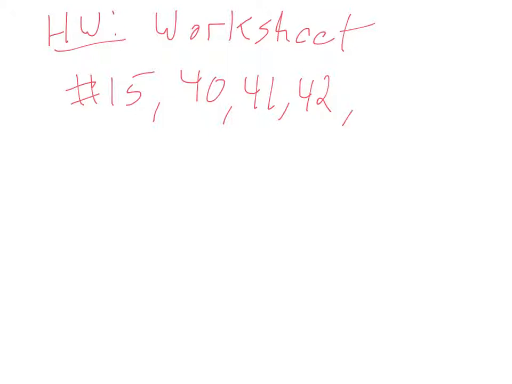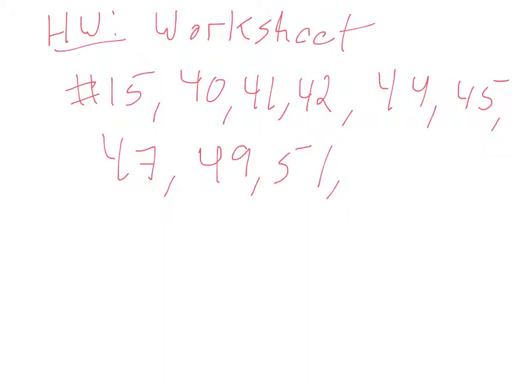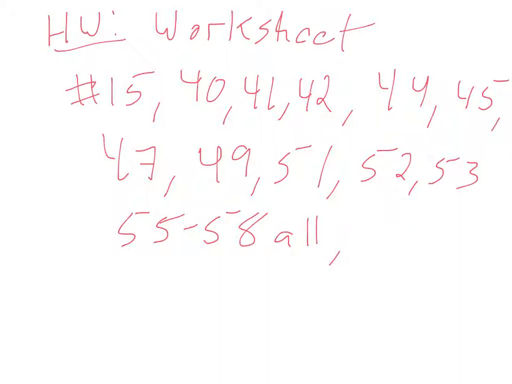I should just say 40 to 42 all, I suppose. 44, 45, 47, 49, 51, 52 and 53, and then 55 through 58 all, 77 through 80 all, and lastly 82. So that'll be the homework for tonight.